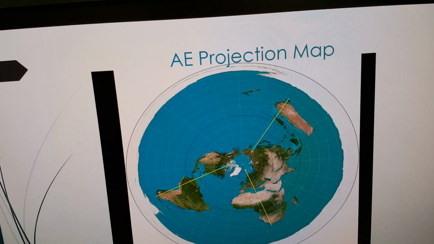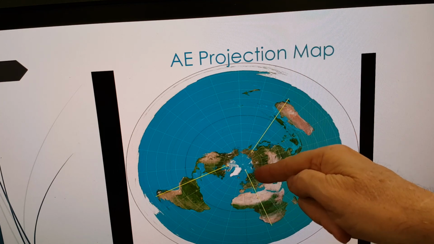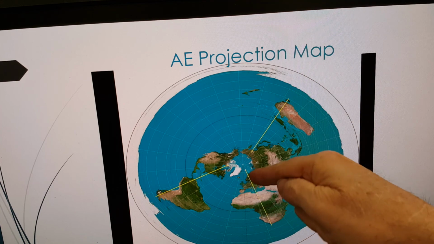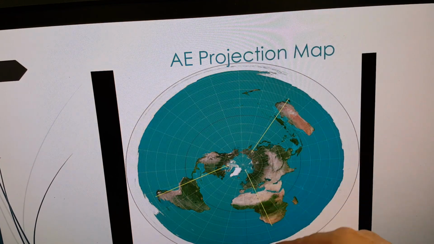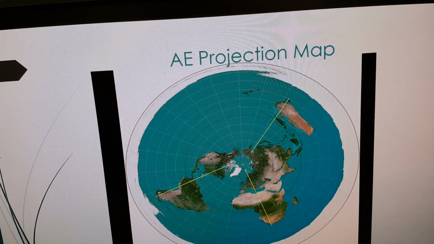Here's the flat Earth map, and I've kind of shown where my 3 lines of cities are. And you can see, day length in spring equinox is going to be the same all the way from the North Pole or close to the North Pole down to South Africa.